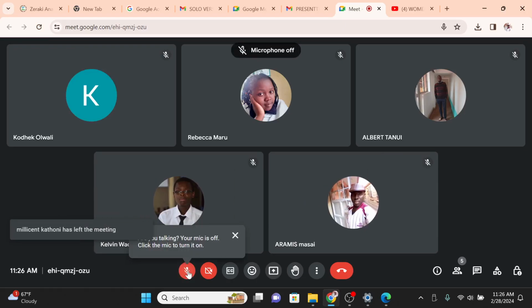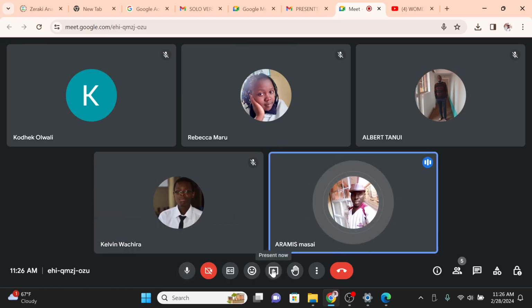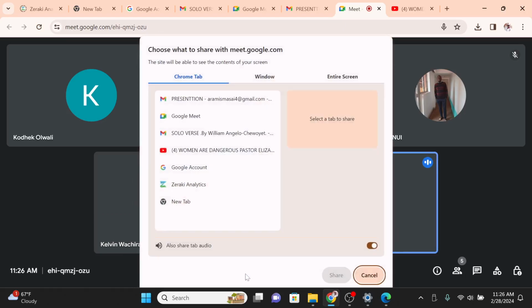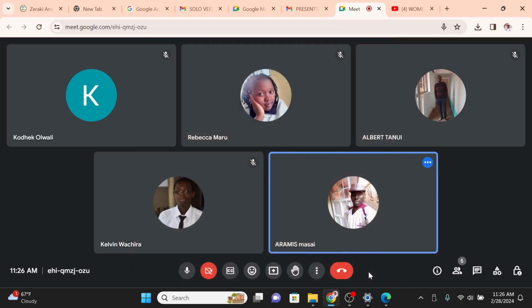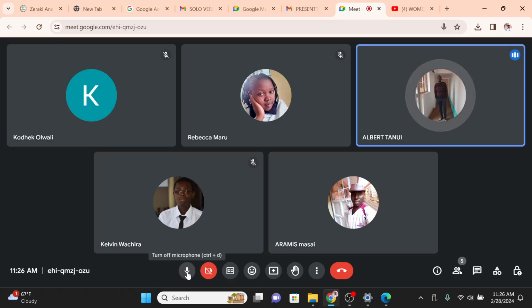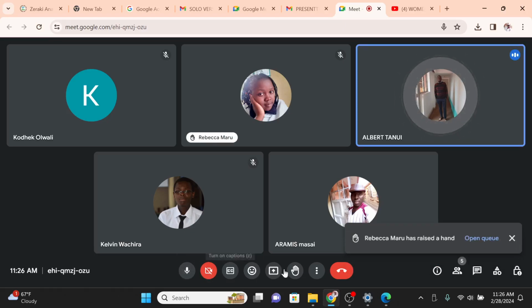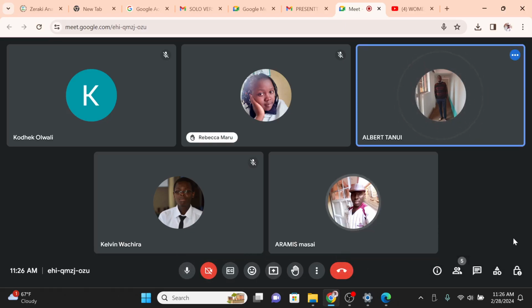Let us embark also on the types of database. Who can give us the types of database? Before we continue, Kevin, give us one type of database. What about MySQL? Yes.